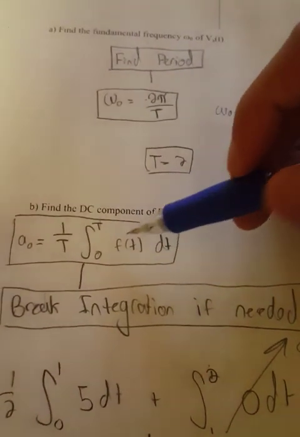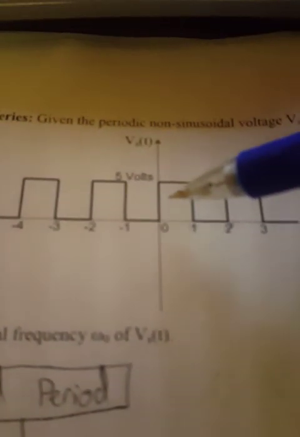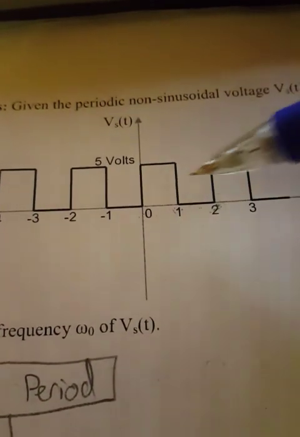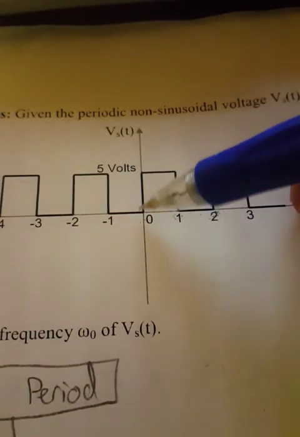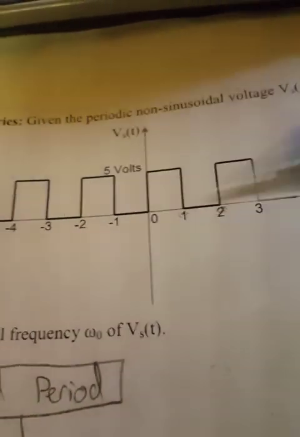So now, the question is, how do we know what our f(t) is? We simply go back to our graph. It says it's 5 volts, it goes to 5. We just write that down.